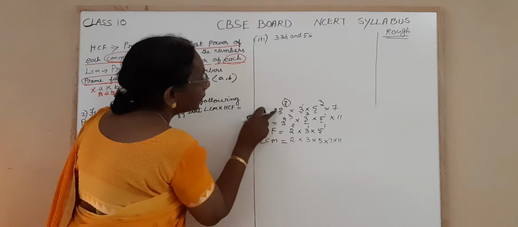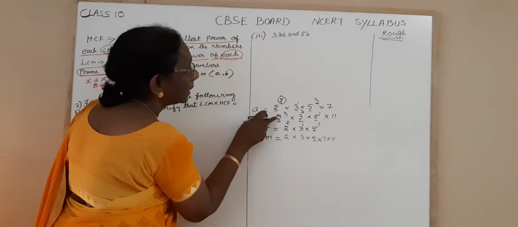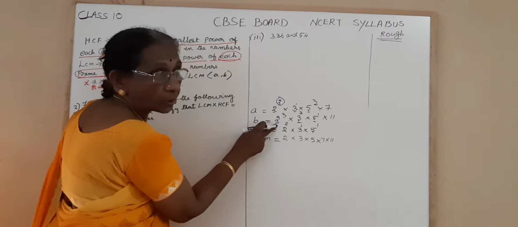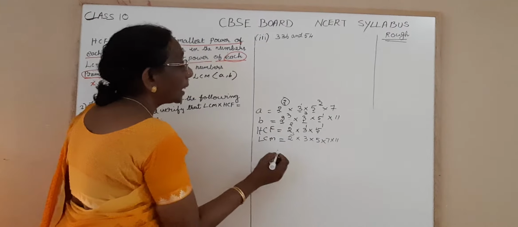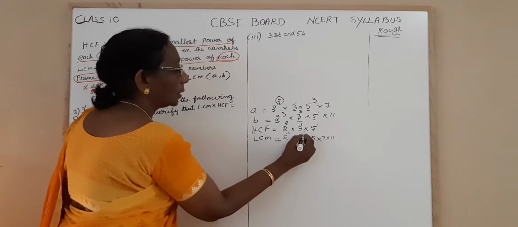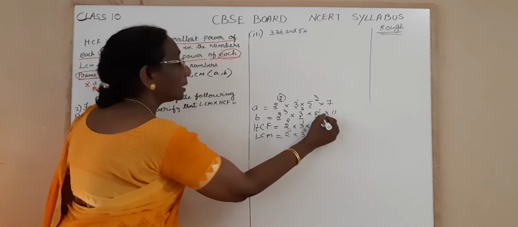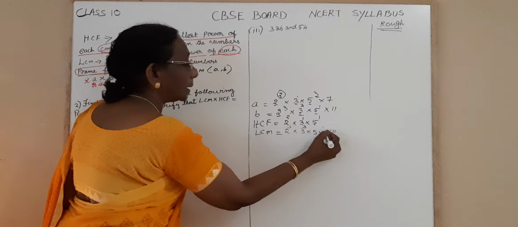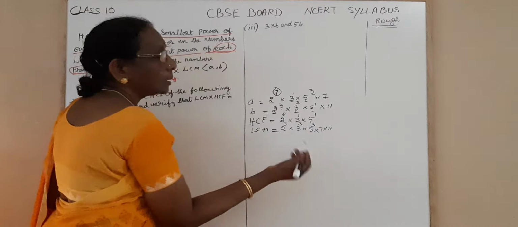Now when you take 2, what is the greatest power? Here 2 square, here 2 cube. So 2 cube. And here 3 power 1 and 3 cube, so the greatest is 3 cube. And 5. Here 3, here 1. So 5 cube. That's all. 7, 11.